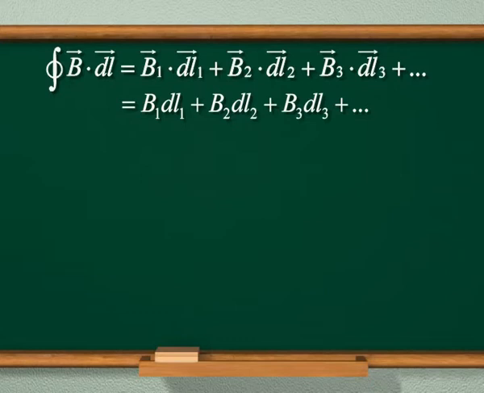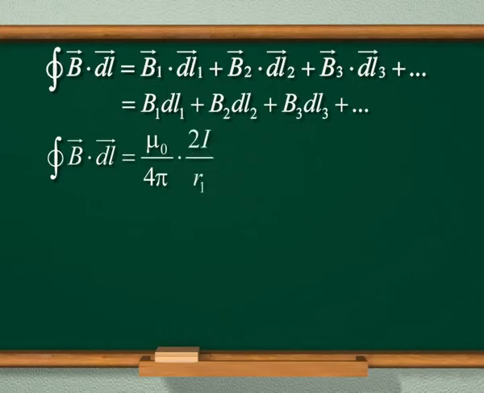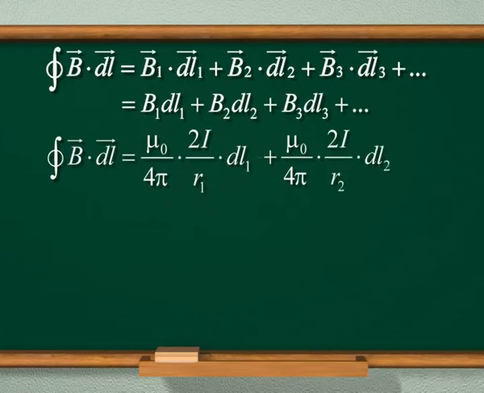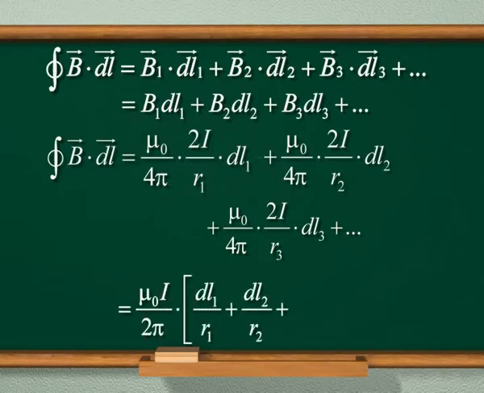On substituting the values of B1, B2, B3 we get the line integral of B around the arbitrary closed path as equal to mu naught upon 4 pi into 2I upon r1 into dl1 plus mu naught upon 4 pi into 2I upon r2 into dl2 plus mu naught upon 4 pi into 2I upon r3 into dl3 and so on, or mu naught I upon 2 pi into dl1 by r1 plus dl2 by r2 plus dl3 by r3 and so on.